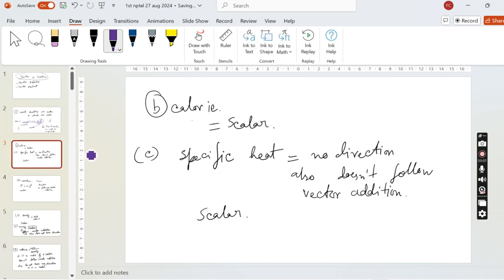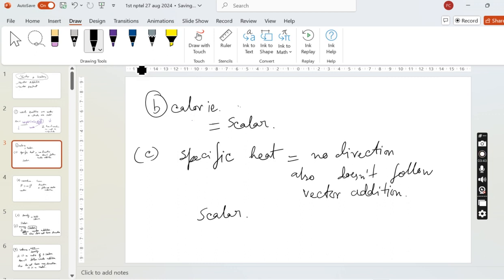The next is calorie. Calorie is a scalar quantity. It is associated with heat, latent heat. So calorie is a scalar, and the specific heat also doesn't have any direction, and doesn't follow vector addition.